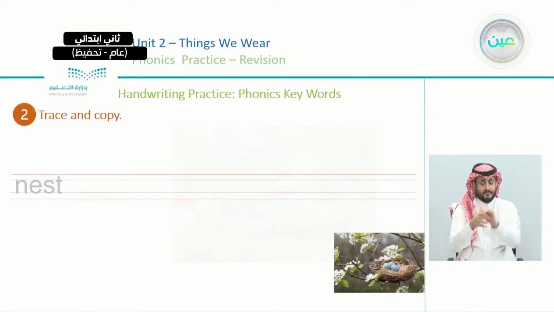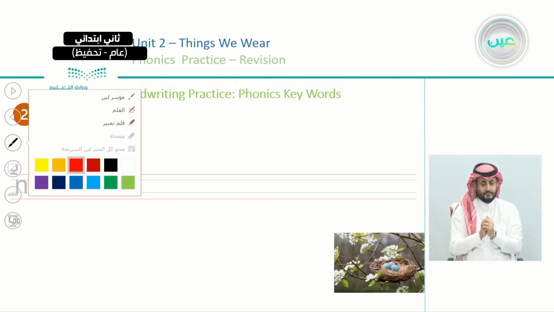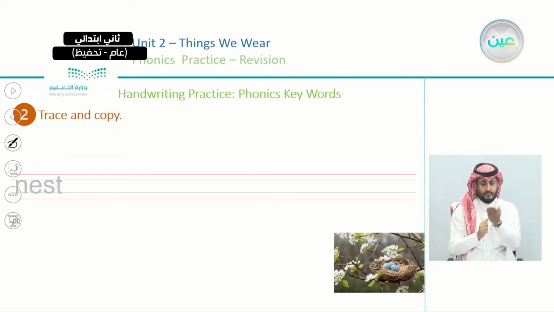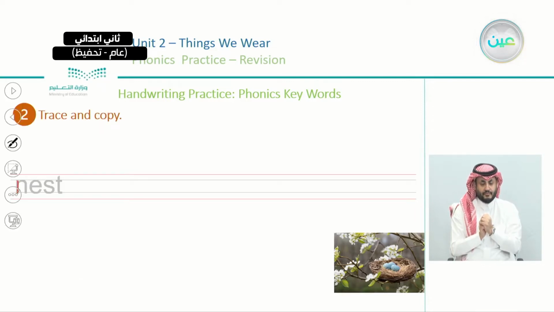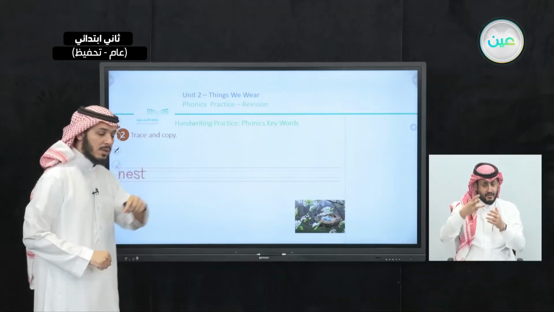Now we have trace and copy. First of all, we have N at the beginning. Let's trace the letter N here. So we have N, E, S, then we have T. T starts from line number 1 up to line number 3.